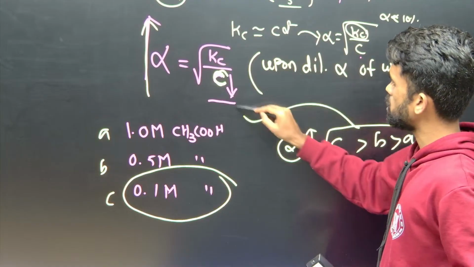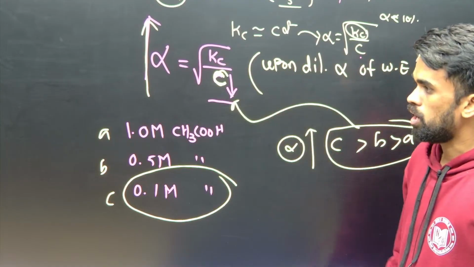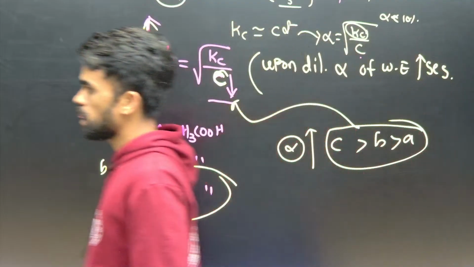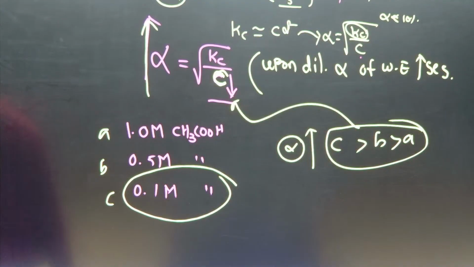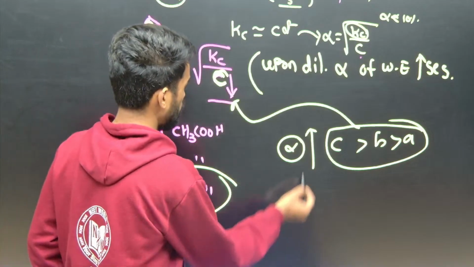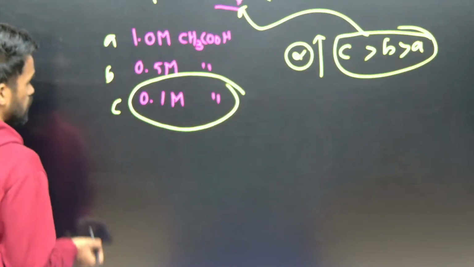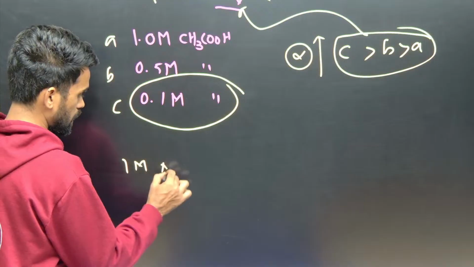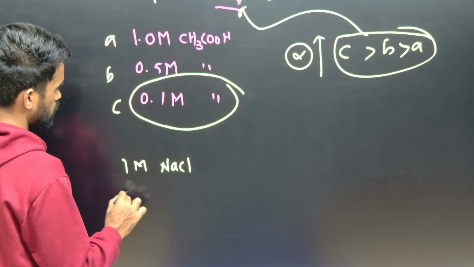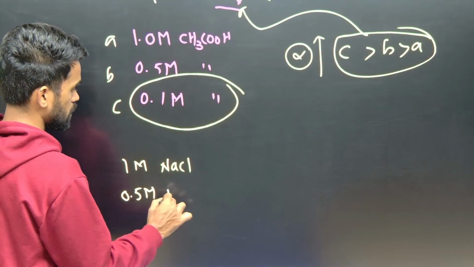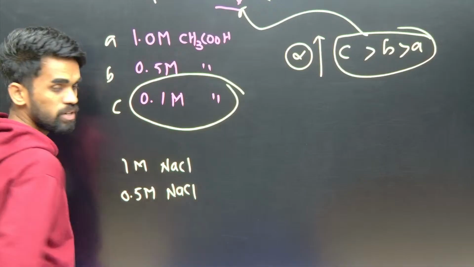So this is based on Ostwald's dilution law, or Ostwald dilution principle. Next, if I say 1 molar NaCl and 0.5 molar NaCl, can you answer this?